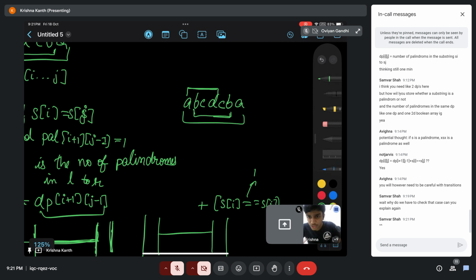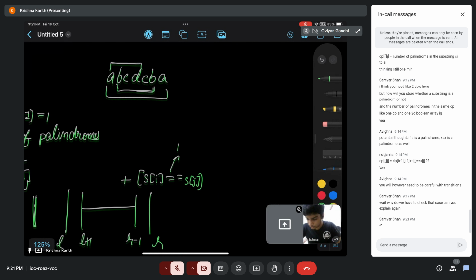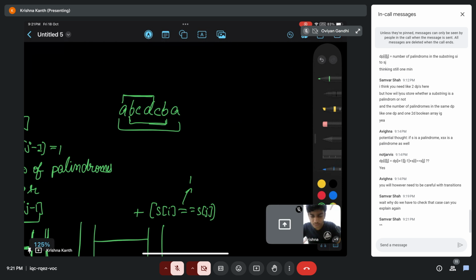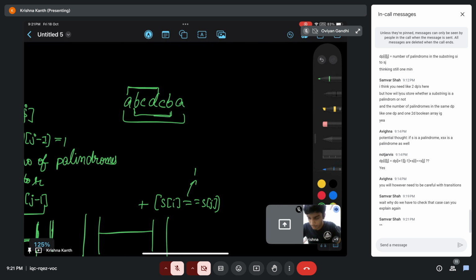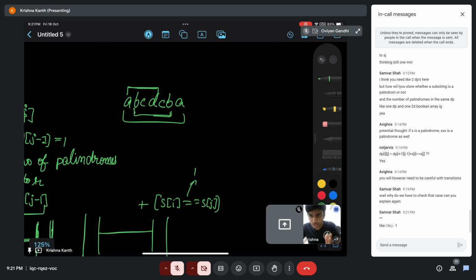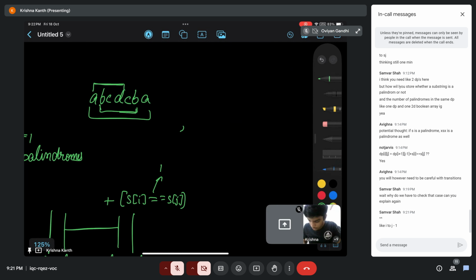Can you tell me which case you're having a problem with? I'm talking about L to R and then L plus 1 to R minus 1. Okay, I to J minus 1. Let me take some random string.